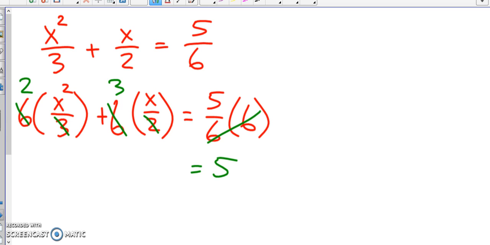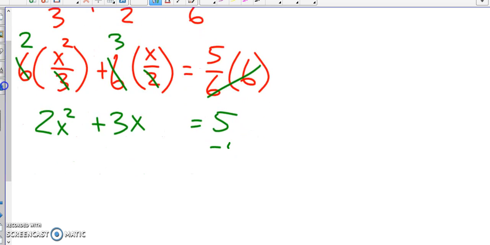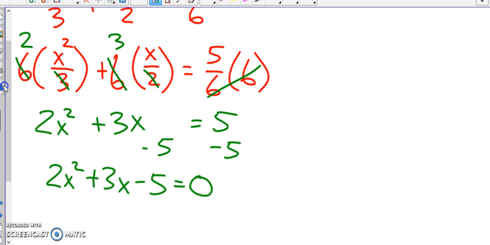So anyway, what we end up with is 2x squared plus 3x equals 5. Now hopefully you realize that that's quadratic, and therefore we need to try to factor it or do the quadratic formula. Either way, it's got to be equal to 0. So we move the 5, 2x squared plus 3x minus 5 equals 0.